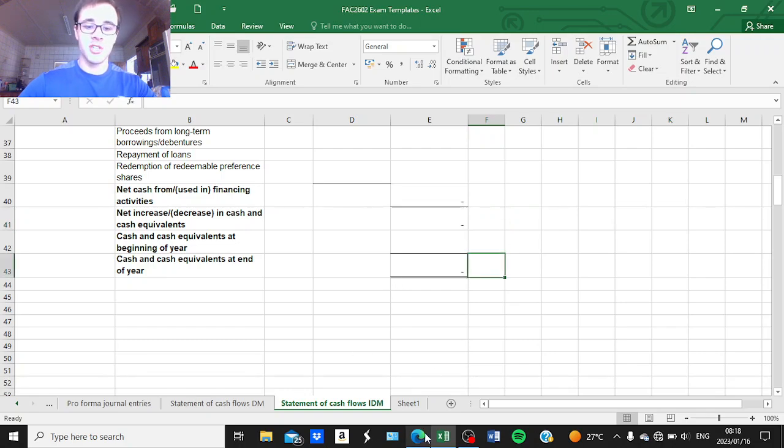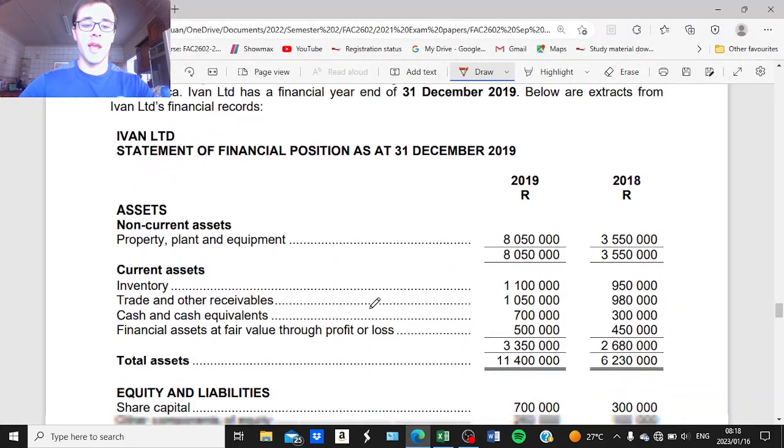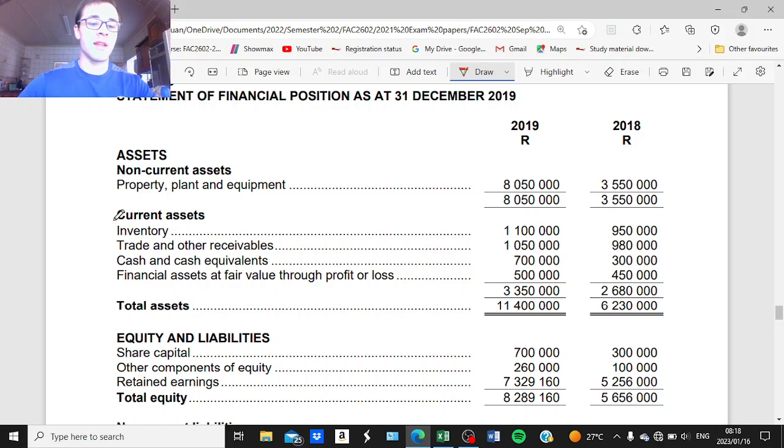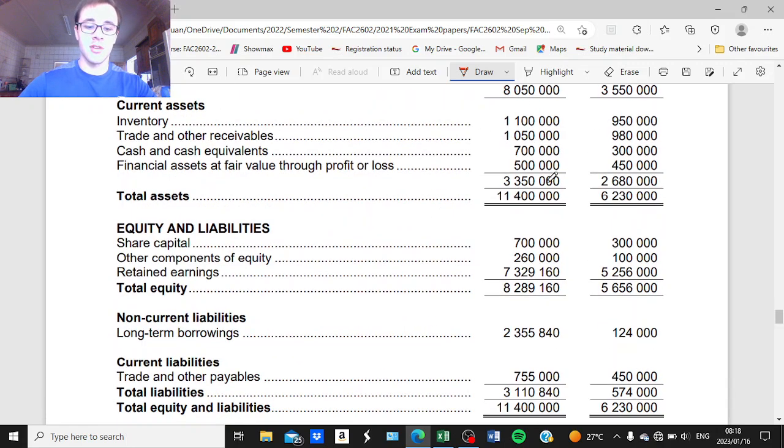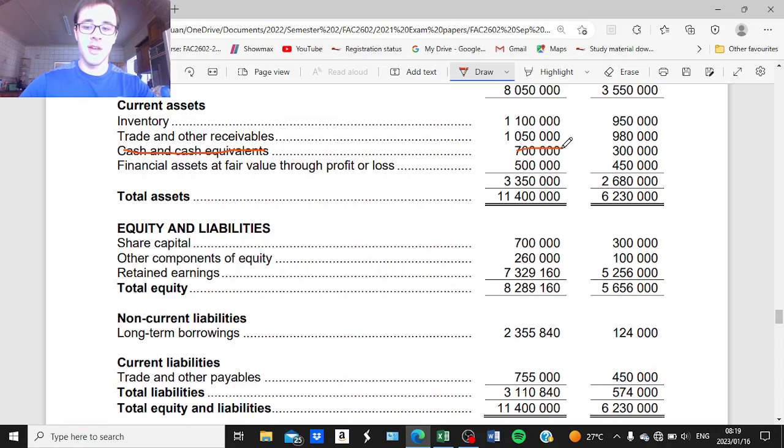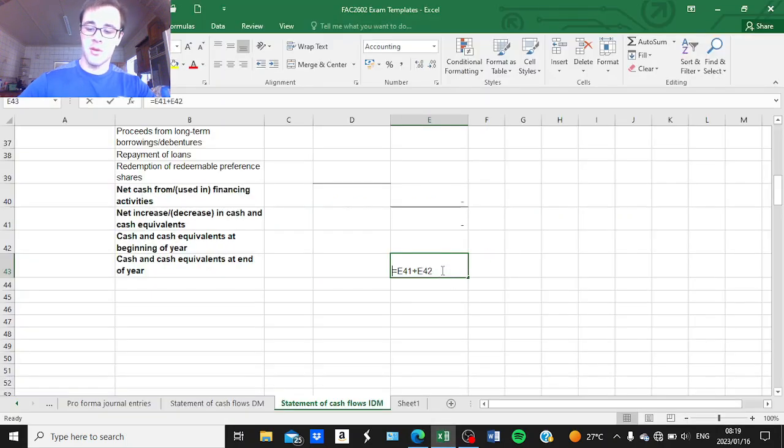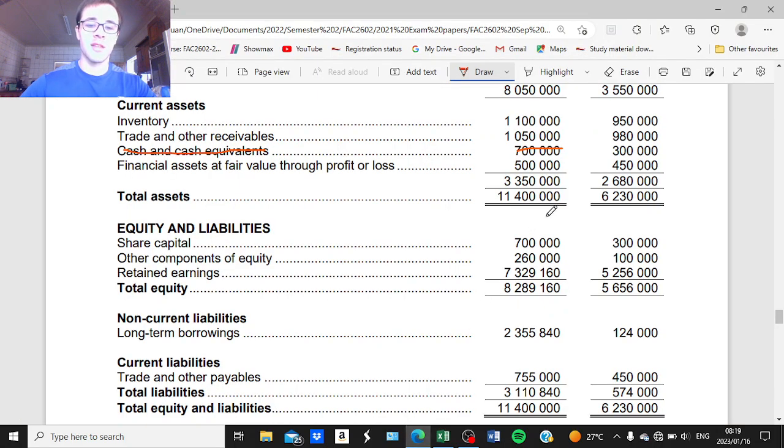Okay, so the cash and cash equivalents at year end has been provided under current assets as 700,000. There is no bank overdraft balance that we need to take into account. So this will be cash and cash equivalents at year end, 700,000. So we will enter that amount right here. And then the cash and cash equivalents balance at the beginning of the year was 300,000.